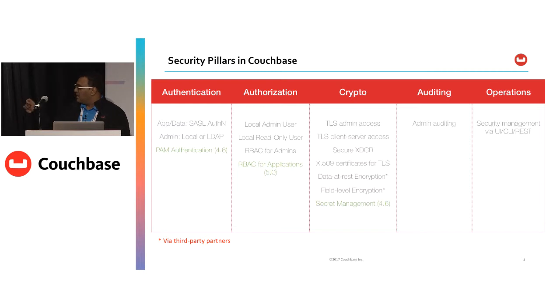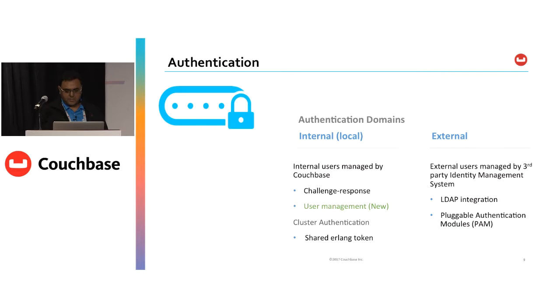What you see in green are the features that are net new in 4.6, such as PAM authentication, RBAC, which is new in 5.0, and then secret management, which is new in 4.6. So let's go a level deeper and understand each of these in detail.